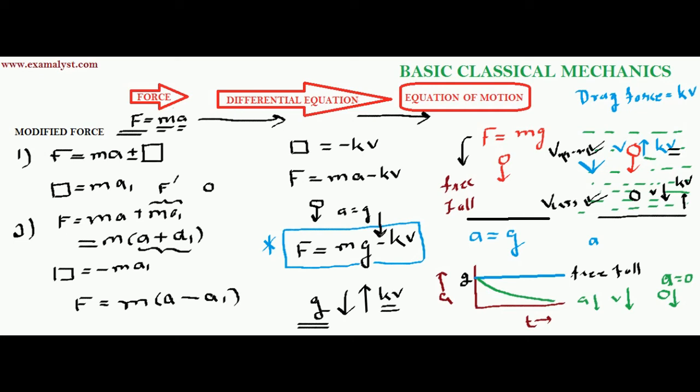So if a ball is there, initially what was the force on the ball? Initially the force on the ball was F. And increment means now another force F dash acts on the ball. So both F and F dash, since they act in the same direction, both of them contribute to the acceleration.